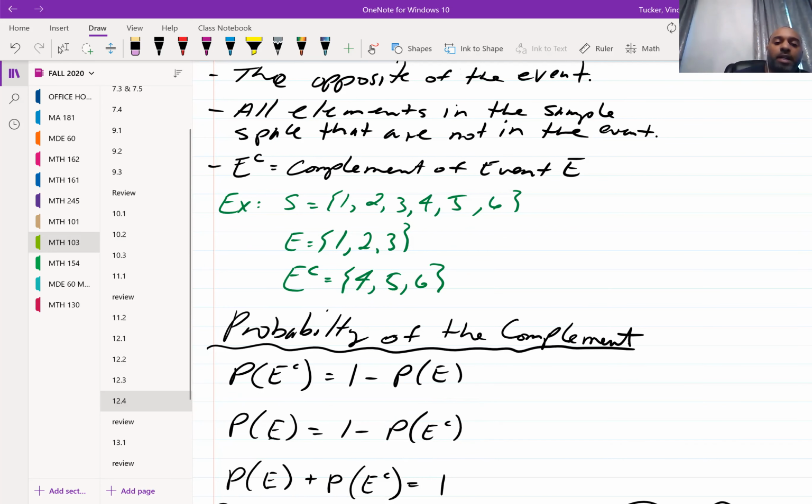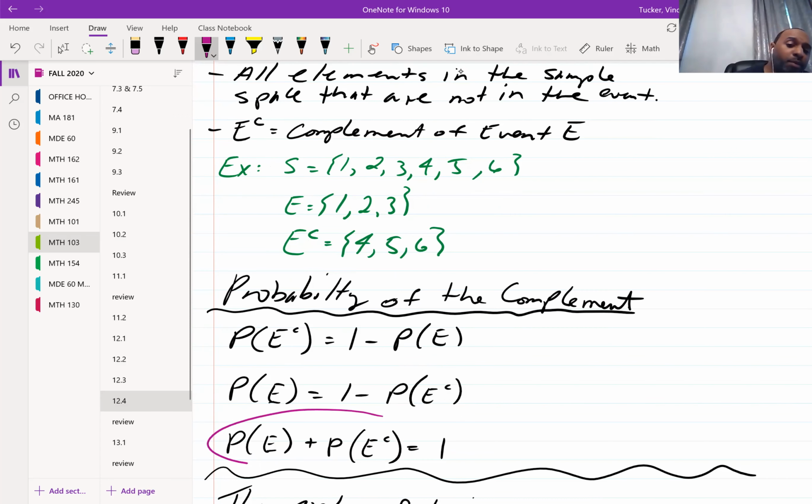It basically boils down to the idea that the probability of your event plus the probability of your complement will add together to give you 1. So those are the relationships between the probability of an event and the probability of its complement. If you have one, you can find the other by subtracting it from 1.